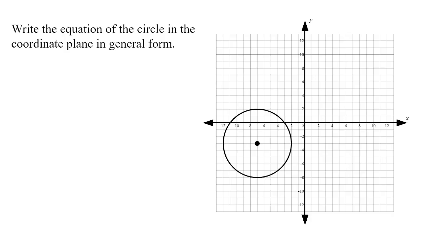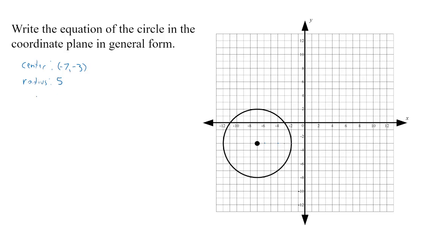The center is negative 7, negative 3. And the radius is, let's see, 1, 2, 3, 4, 5. So the radius is 5. We got the two pieces of information.